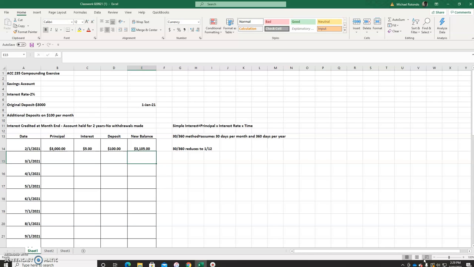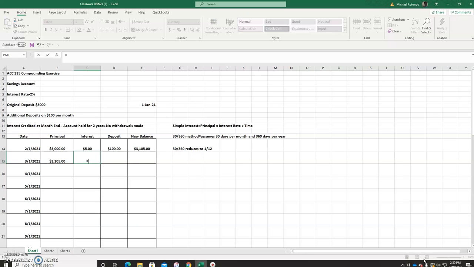Now, the wonderful thing about compounding, if you're a saver, is that the interest you earn becomes part of your principal. So remember, compounding is interest upon interest. So if we were only doing simple interest, we would make $5 a month. But we're not. If we're compounding, our new principal on March 1st becomes $3,105.